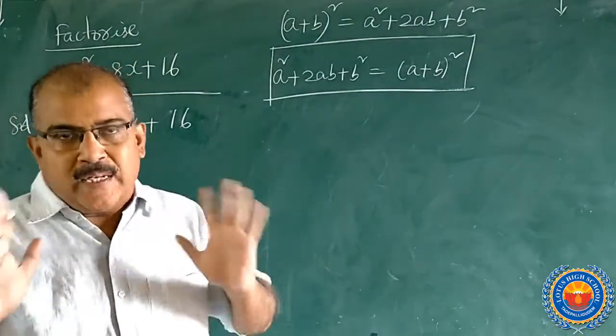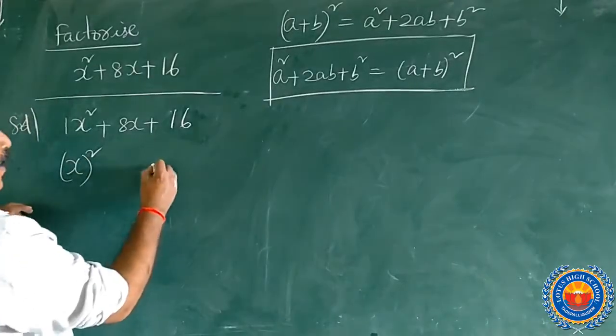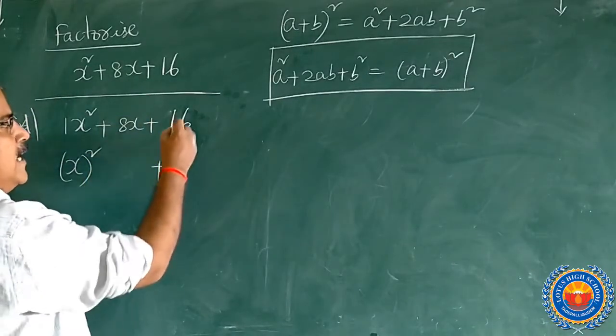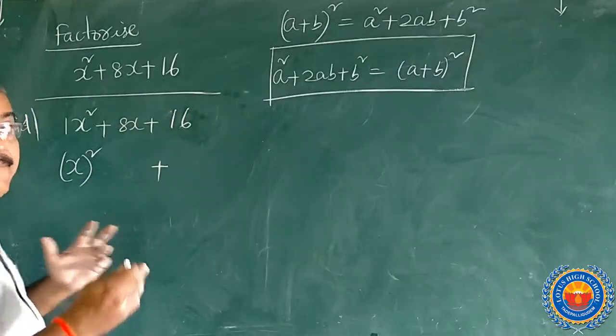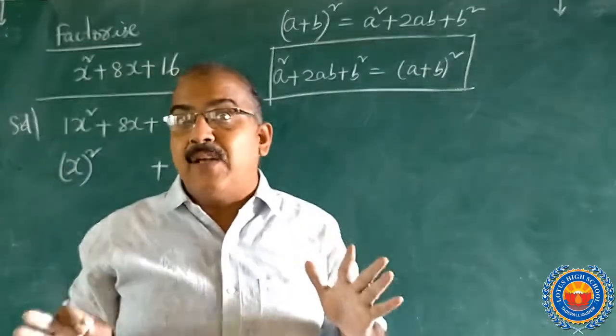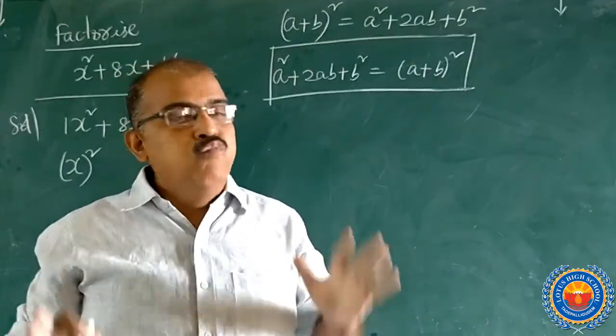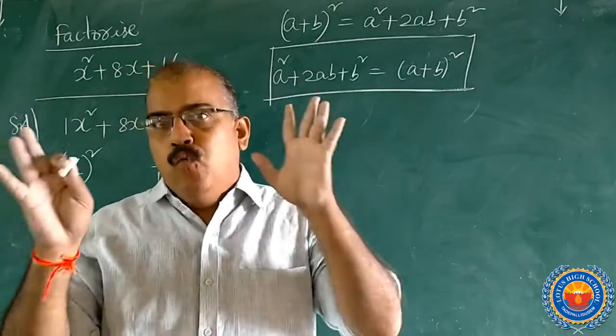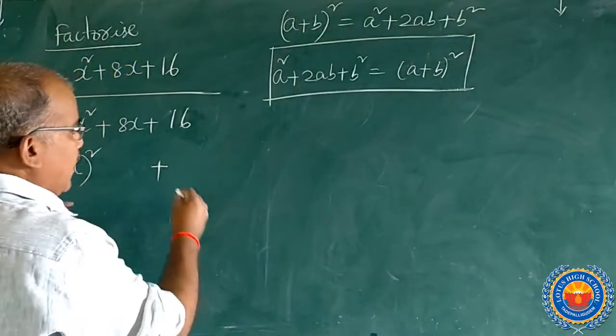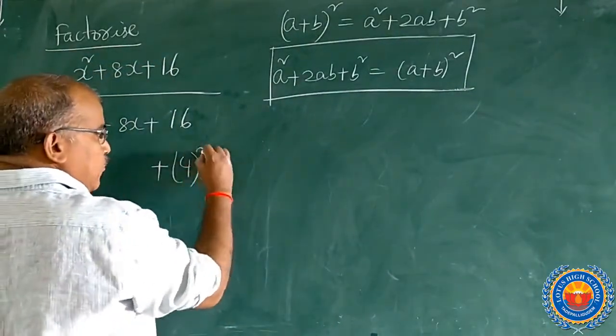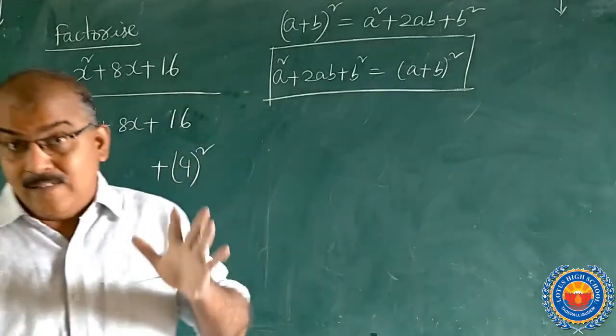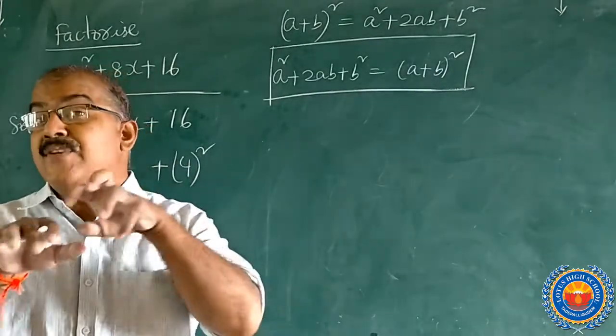Coming to this part, forget about the middle part. 16 is a perfect square number. Why? Because 4 into 4 is equal to 16. Then automatically we can write 4 square. Then only we can do this sum, otherwise we cannot.